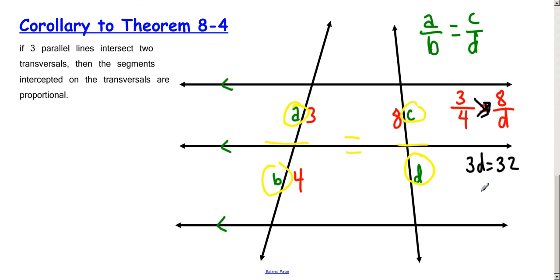And if we divide both sides by 3, I believe we can fit 10 3's with 2 left over into 32. So D equals 10 and 2/3.